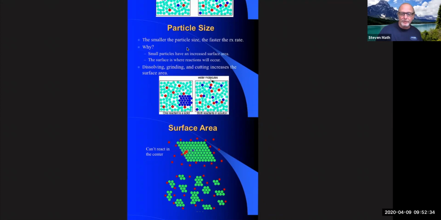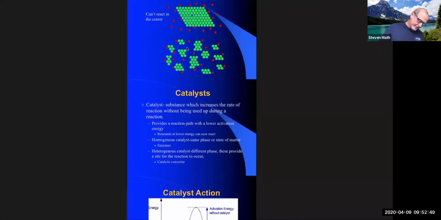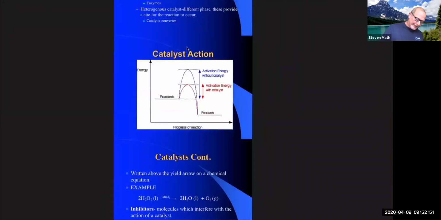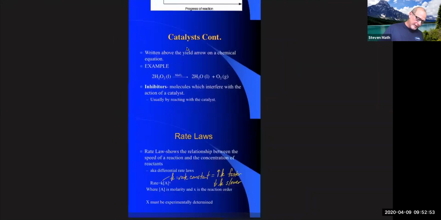Same thing happens here. If you have a big chunk of solid, it's only going to react on the surface. And so we break it up into smaller particles, and now there's more surface area and there's more reaction.